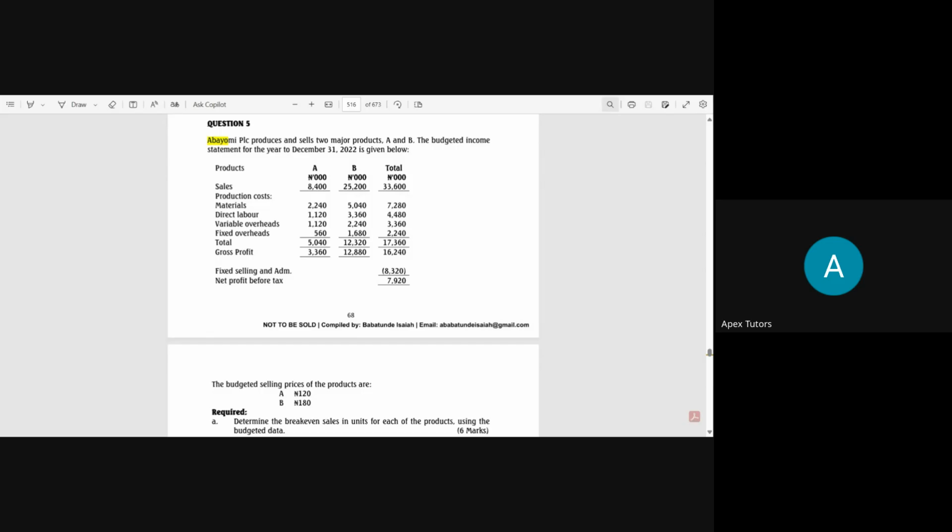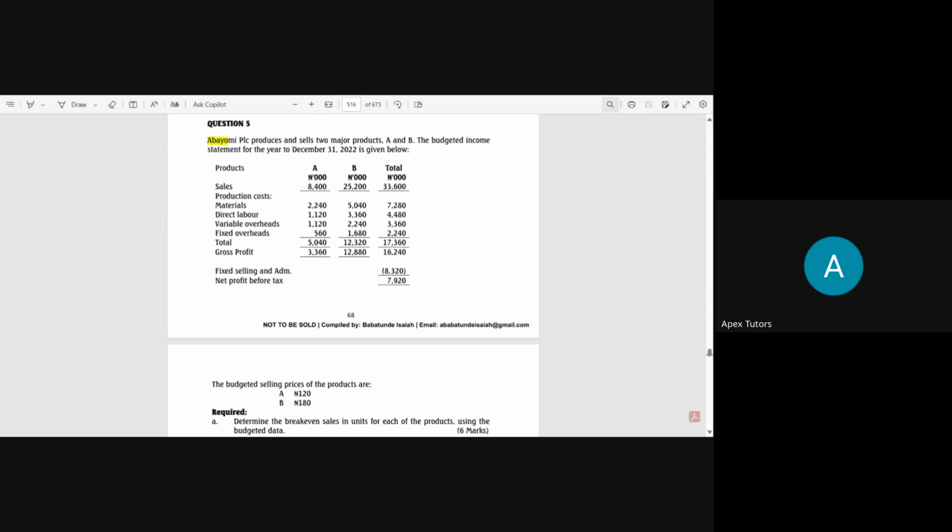For A, the fixed overhead is 560. For B it is 1,680. When you add, you have 2,240. Which other fixed element do we have? We have fixed selling and admin.